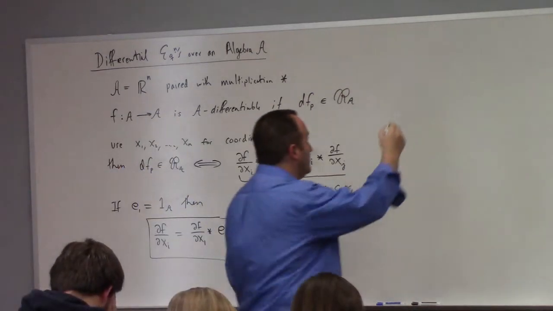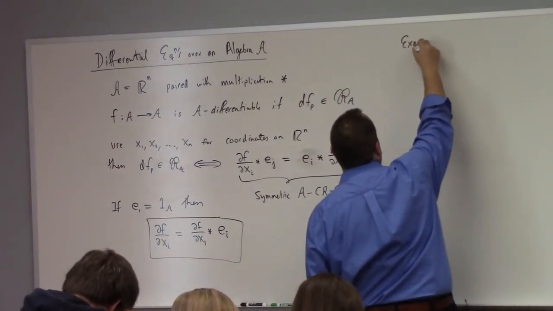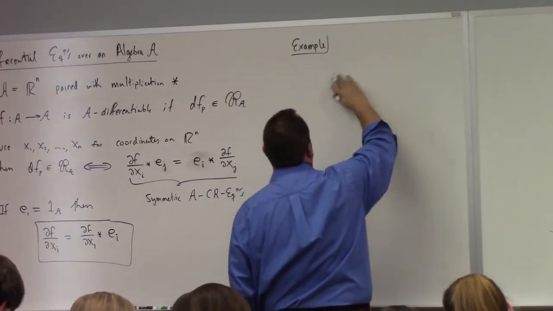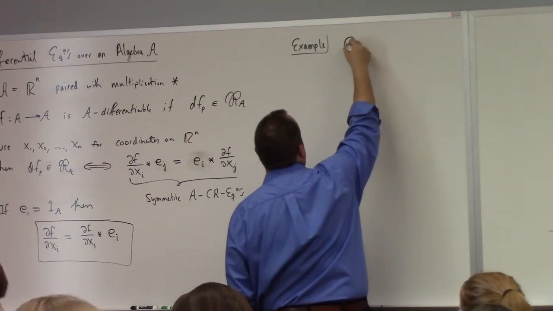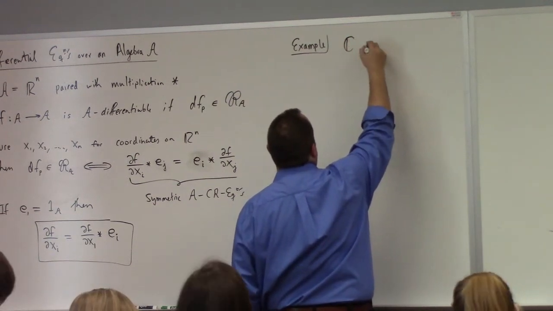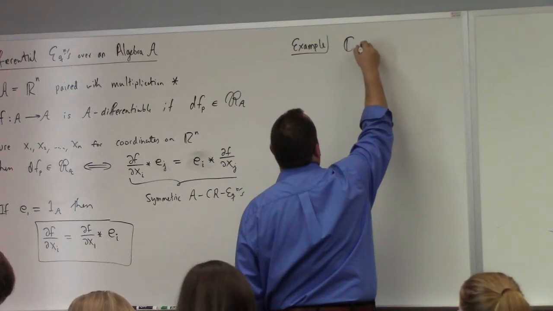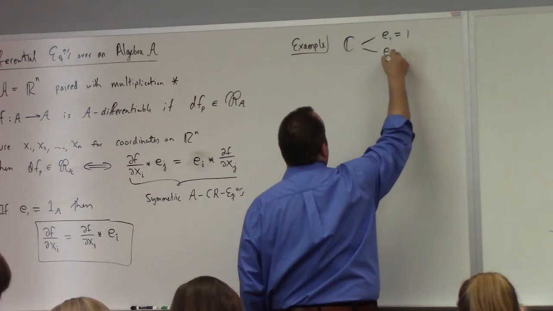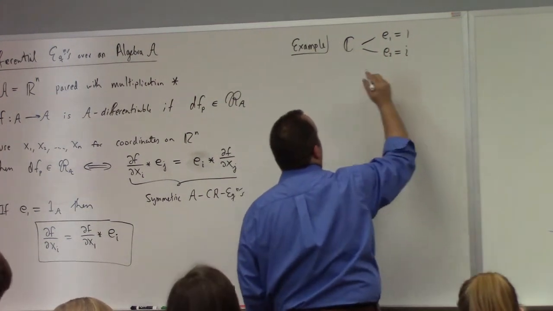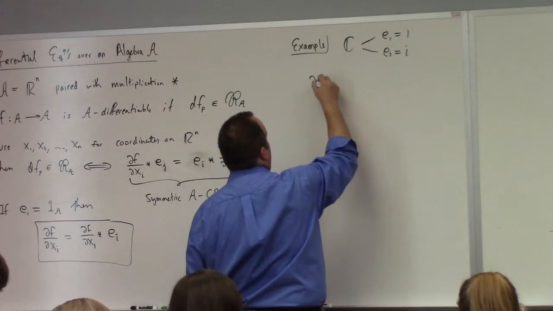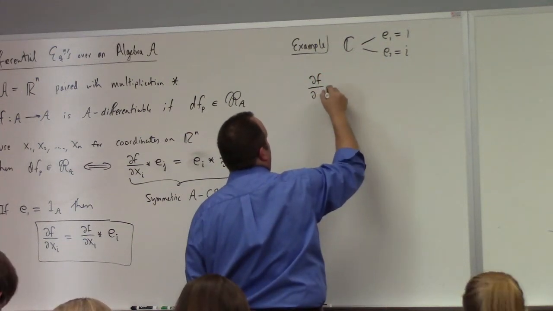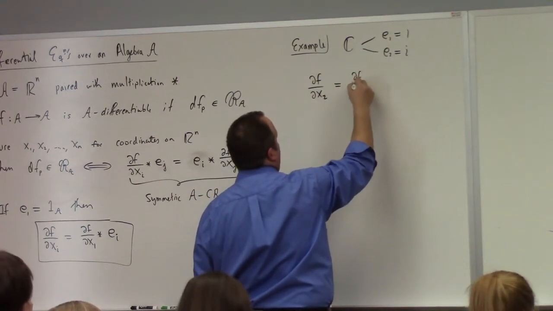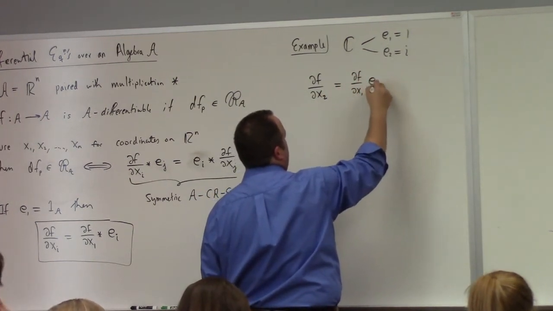So for example, if I have the complex numbers, here we have E1 is 1, and E2 is the number i. Then partial f, partial x2 would be equal to partial f, partial x1 times E2.